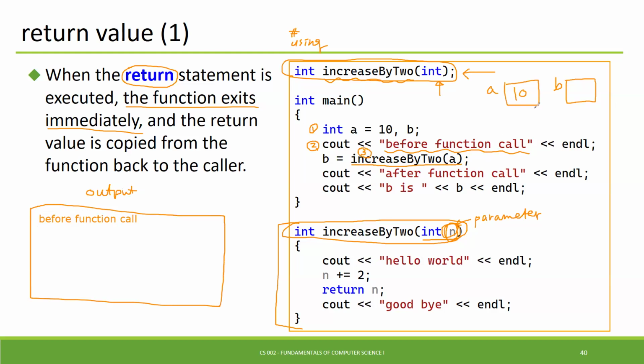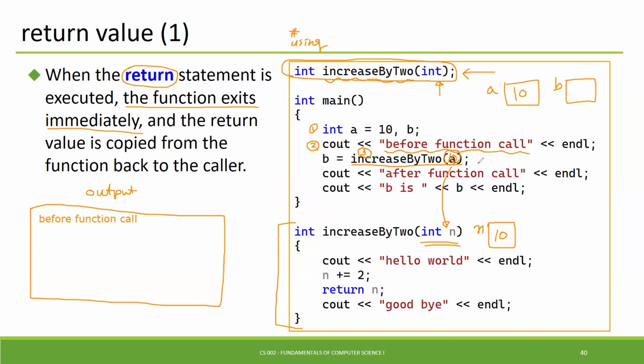And A is 10. I put A is 10. Then this is 10, right? And the number 10 will be passed to n. So at this moment, the variable n is created and gets 10.